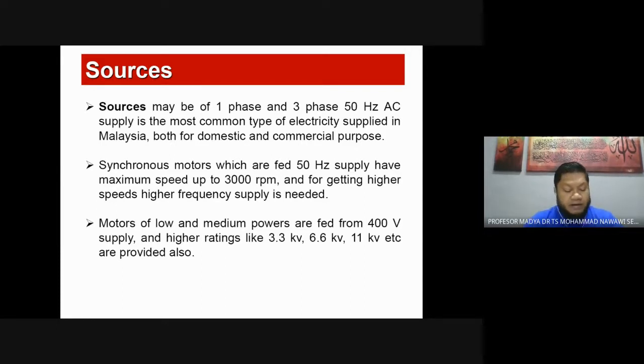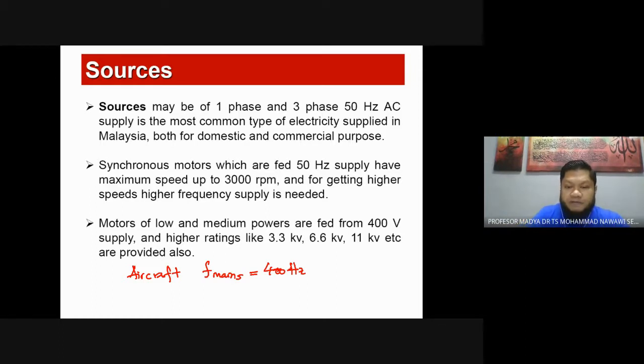So for aircraft, the mains frequency equals 400 hertz. Okay, higher frequency for the aircraft.